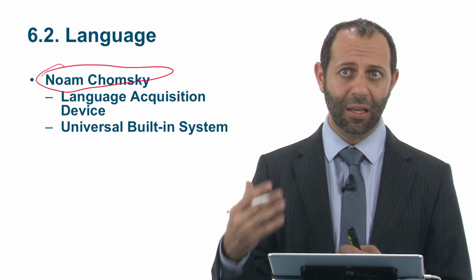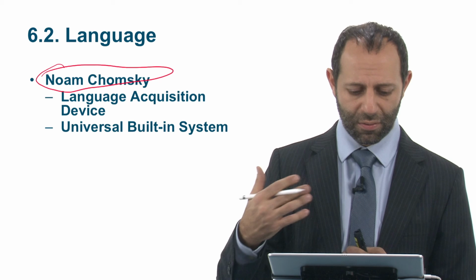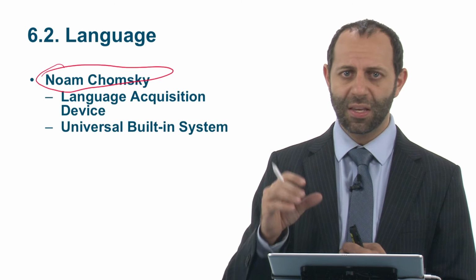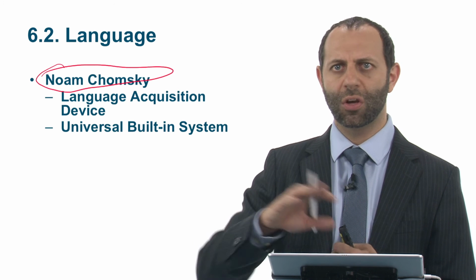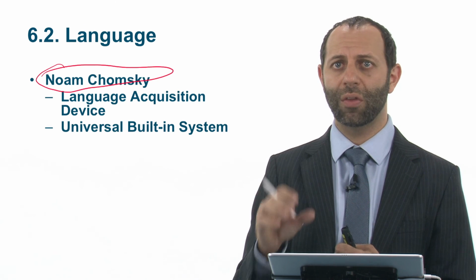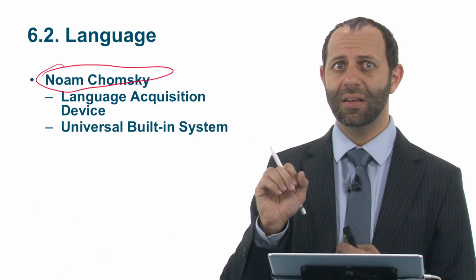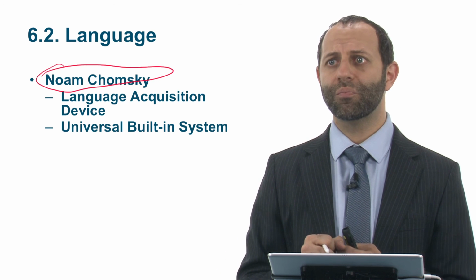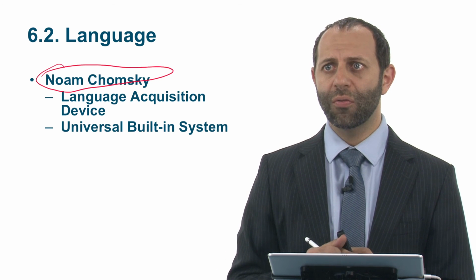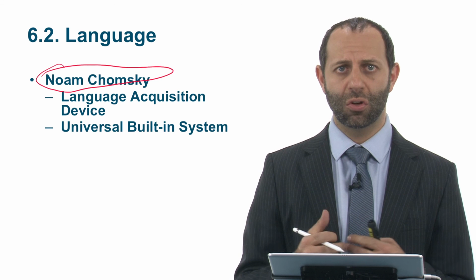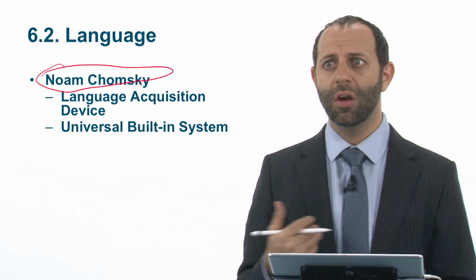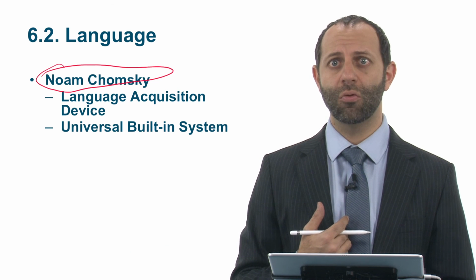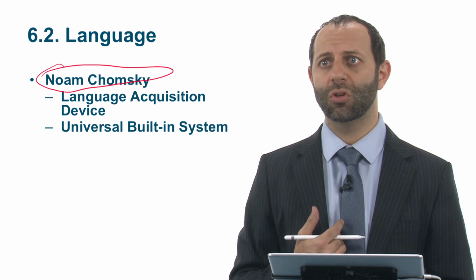This mechanism, this acquisition device, is one that we find again cross cultures in all different countries, and all children around the world have, according to Chomsky, this system. We also find there to be a universality to the stages with which children run through the development of language over time.